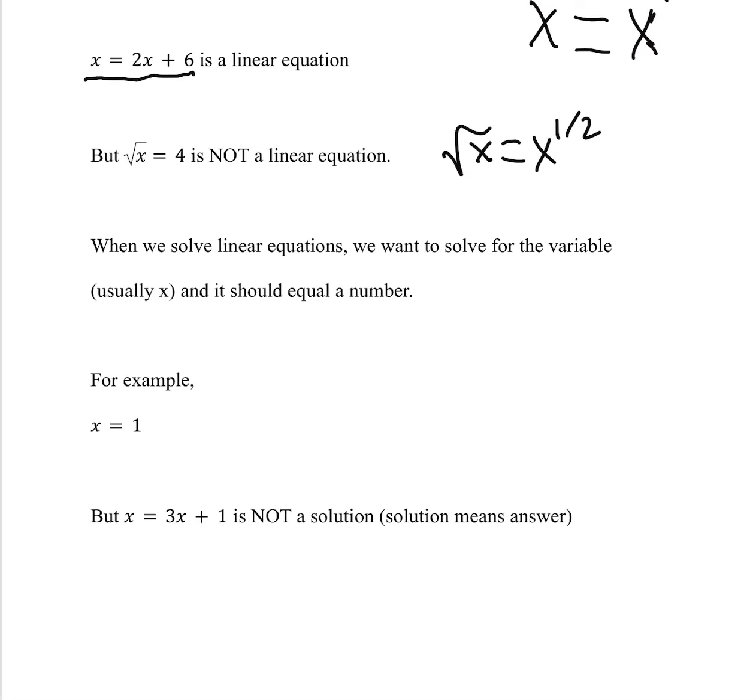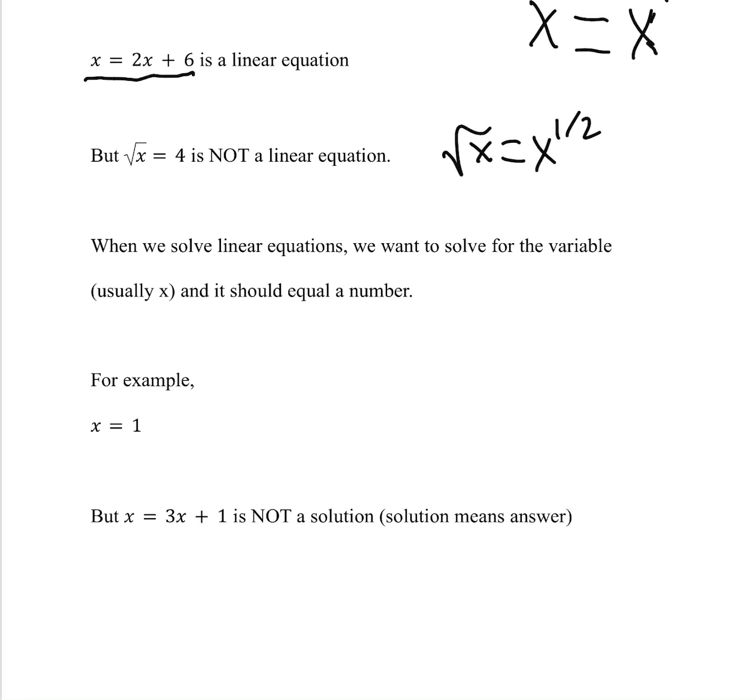Now, when we solve linear equations, we want to solve for the variable, and it should be equal to a number. So x equals 1 is what we call a solution. Your solution is kind of your answer, but a solution refers to when a variable equals a number.